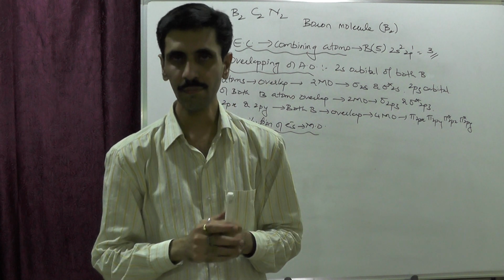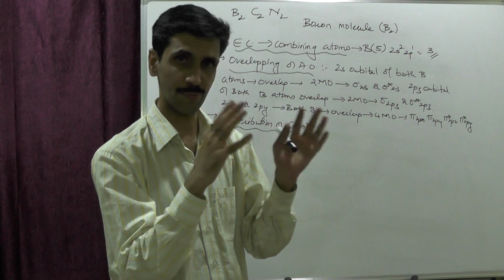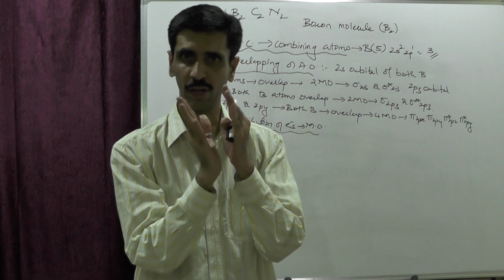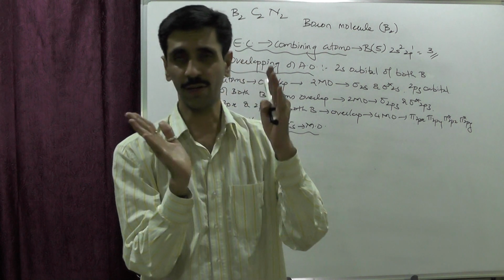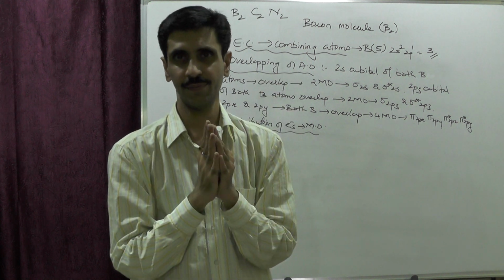Once again I repeat, the assumption that is being taken into consideration for this set of molecules, boron, carbon and nitrogen, is that the 2s and the 2pz orbitals, both of which result in sigma bonding, have a lesser energy difference and hence they will overlap with each other.